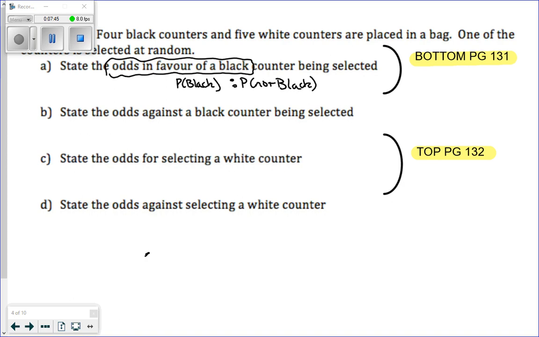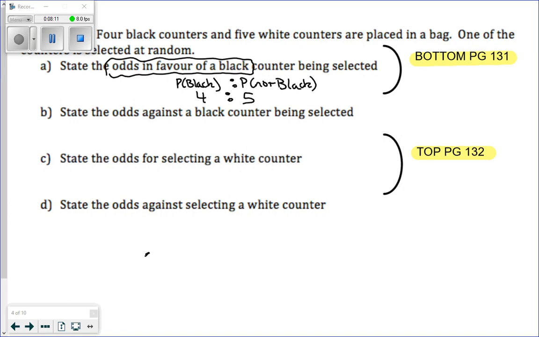It's on the very bottom of page 131. It's kind of written as a sentence. Out of 9, 4, so the odds would be 4 to 5. We usually write it as ratios.